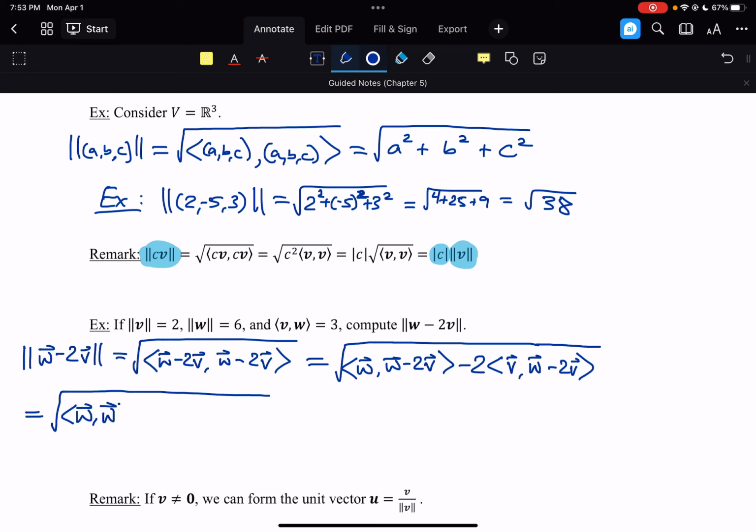inner product of w with w, minus 2 inner product of w with v. So that's this one. Then minus 2 inner product of v with w, and then plus 4 inner product of v with v.